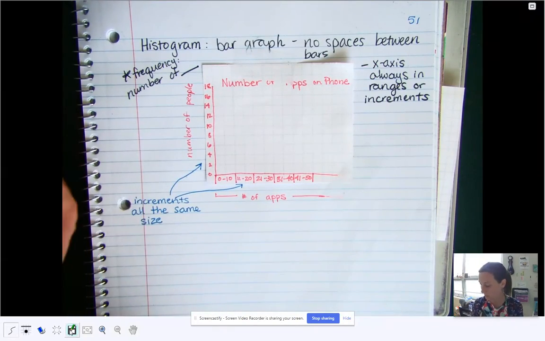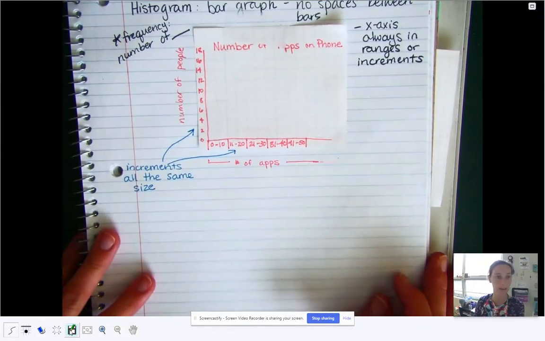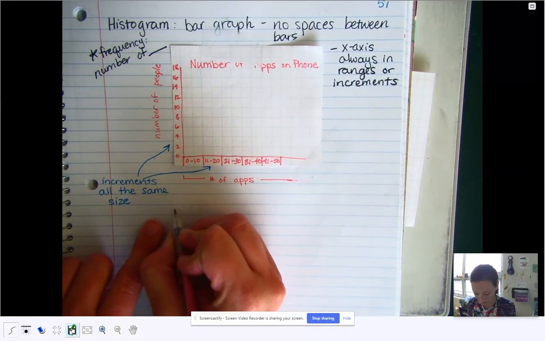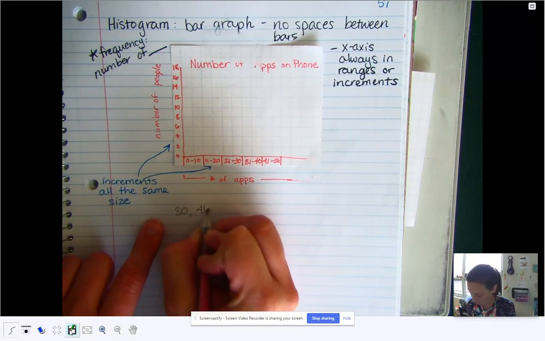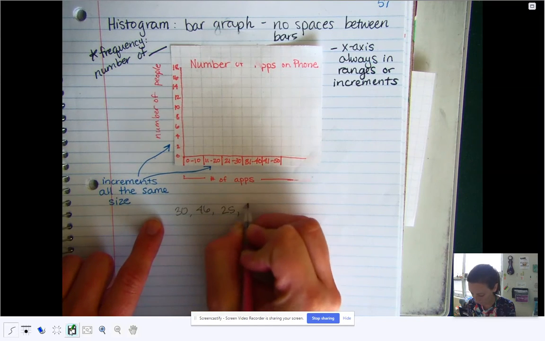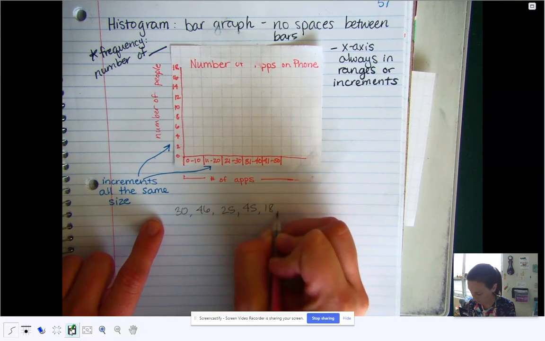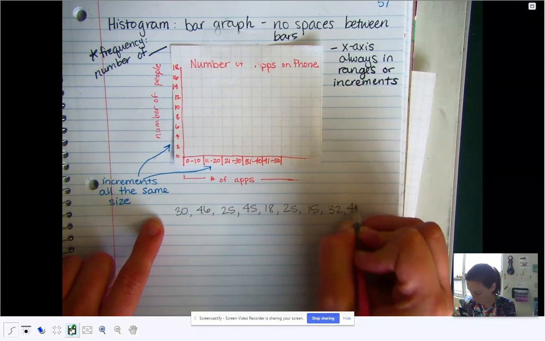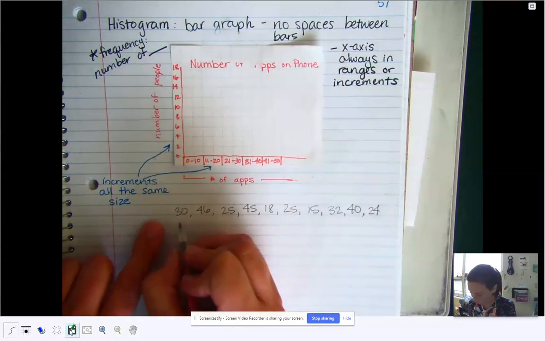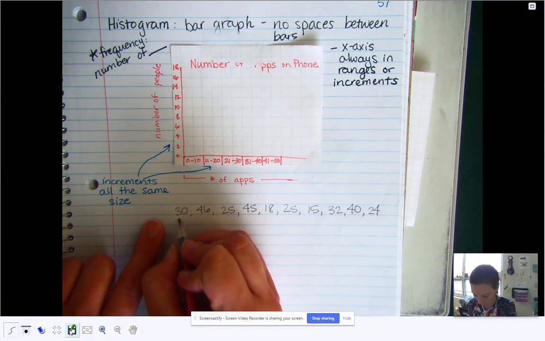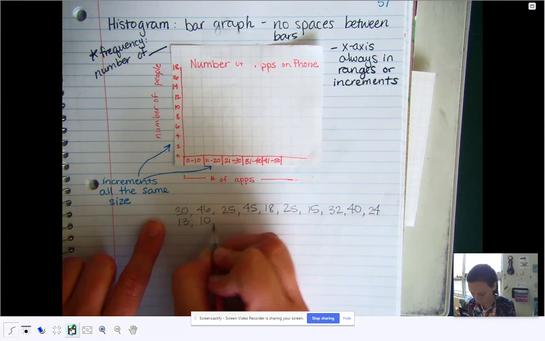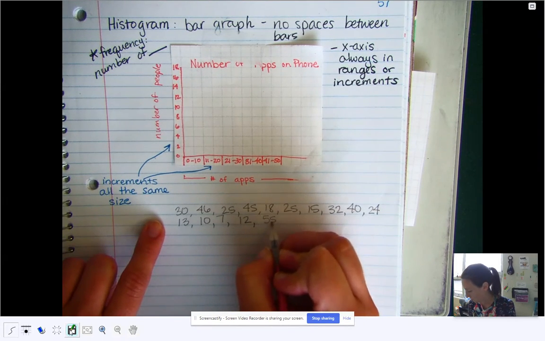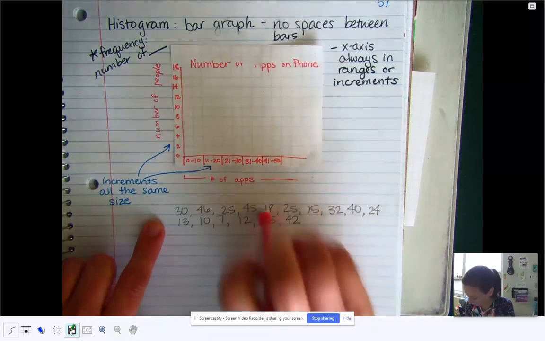Okay, so now I'm just going to make up some data. Obviously, normally we use real data that actually exists in the world. But let's say oh, not 55, sorry.